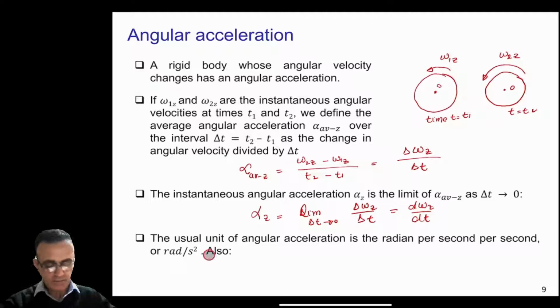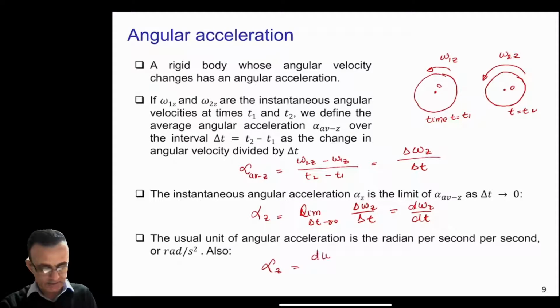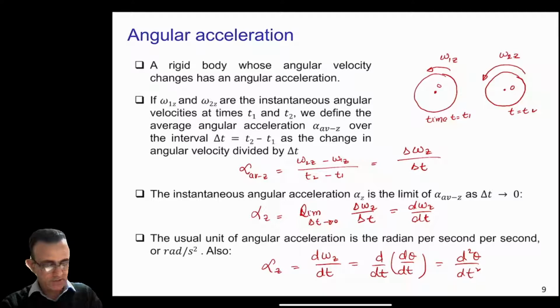The usual unit of angular acceleration is radian per second per second. Also, alpha z is d omega z divided by dt, so you can write d by dt of omega, and because omega is d theta divided by dt, this is d square theta divided by dt square.